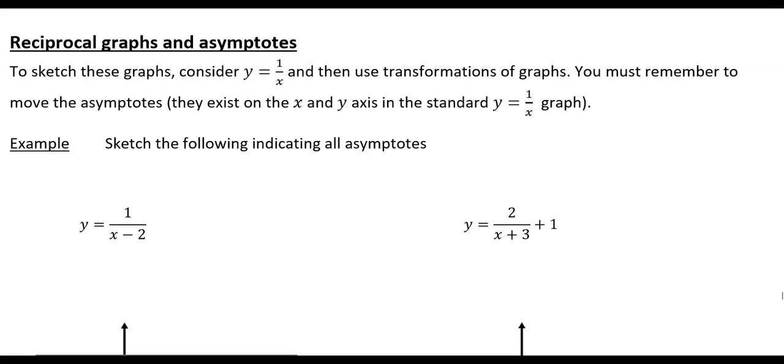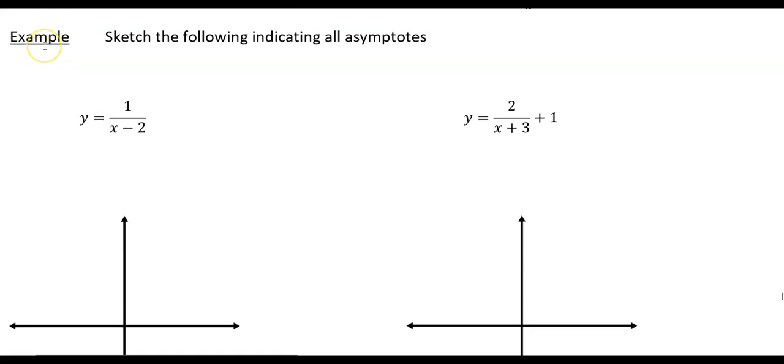So in this first example, it says sketch the following, indicating all asymptotes. You need to know, and this is why it was so important we looked at those earlier on, the general shape of your general reciprocal graphs. So I'm just going to put that down. That's what my y equals 1 over x looks like.